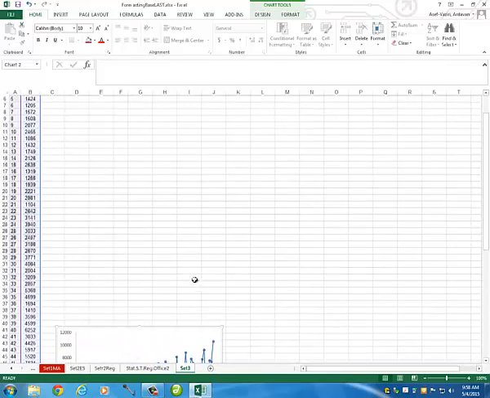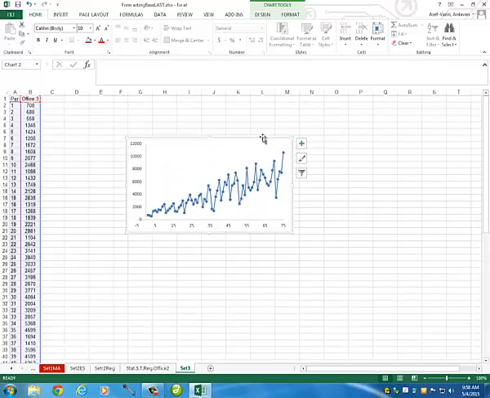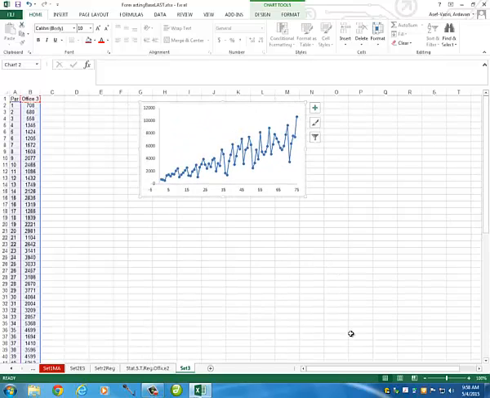Now I want to remove seasonality from this data, find the trend, forecast the trend, and then add back seasonality, because in this data I see that the data is going upward, and it also shows seasonality.